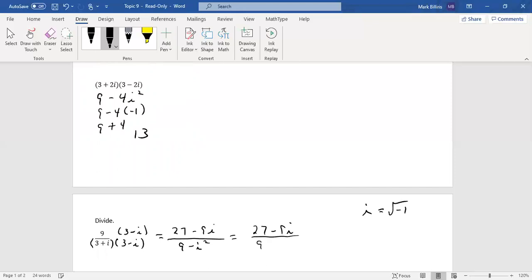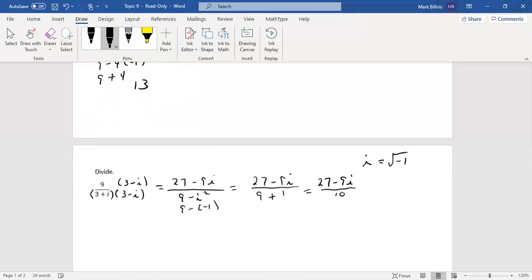In the denominator, I have 9 plus 1, because i squared is a negative 1, so you essentially have 9 minus a negative 1, a double negative, which makes it positive. So we'd have 27 minus 9i over 10. Now, if we want to write it in standard form, we want to separate this into two fractions. So this would be 27 over 10 minus 9 over 10 i. You would reduce at this stage if you could.